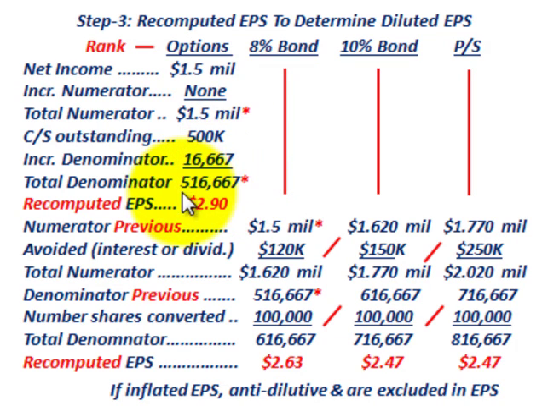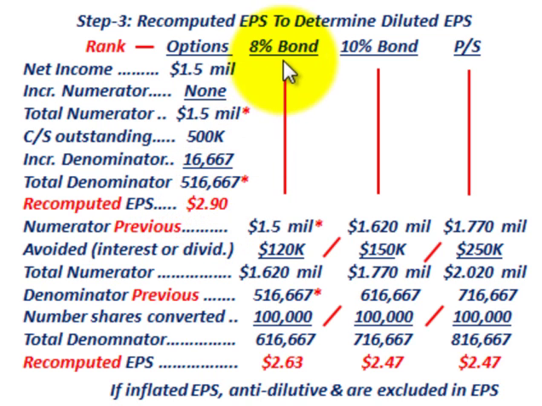So our recomputed earnings per share is $2.90. Simply, you divide the 516,667 shares outstanding into your total numerator, the net income. There was no change to the net income, so it was 1,500,000. You come up with $2.90 per share.